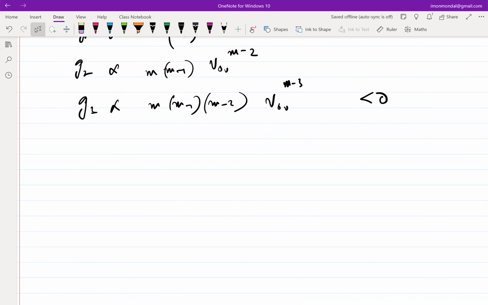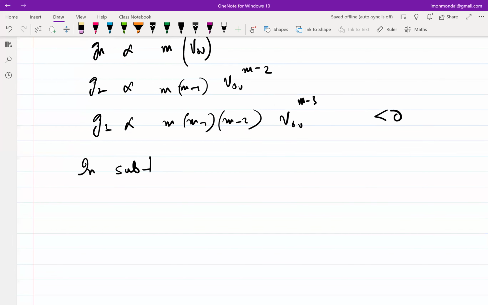So in subthreshold, what is IDS proportional to? Right, so you have VGS, whole to the power some factor, right?